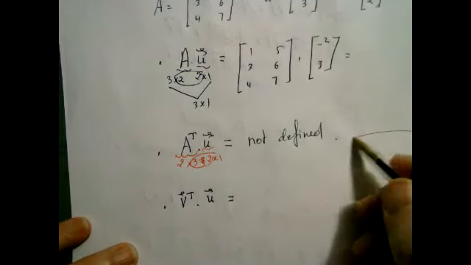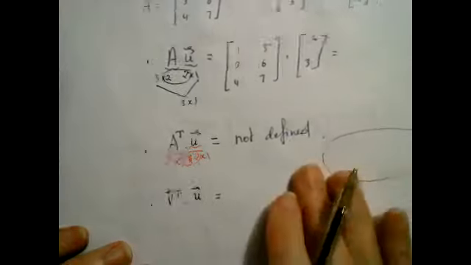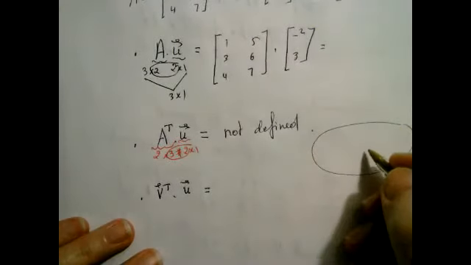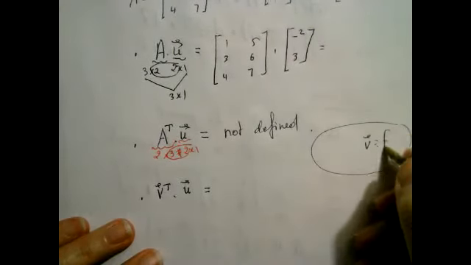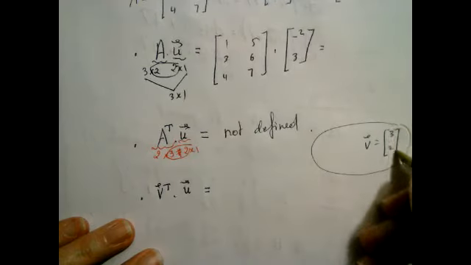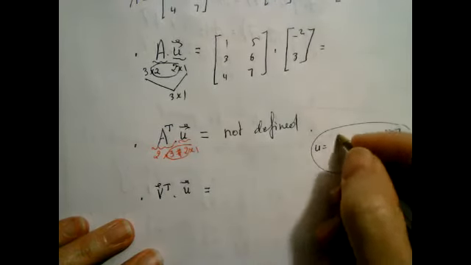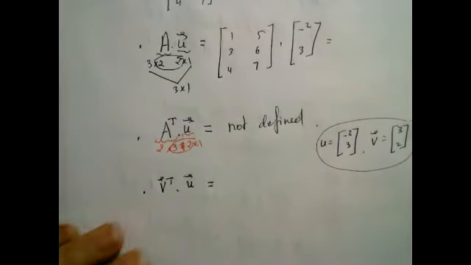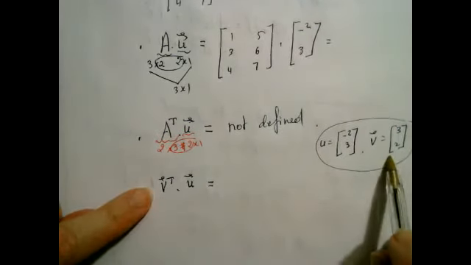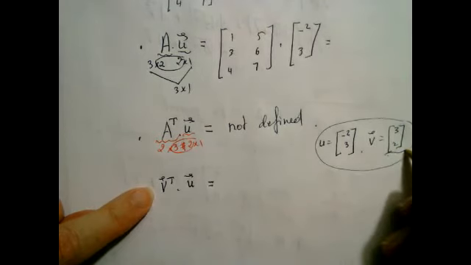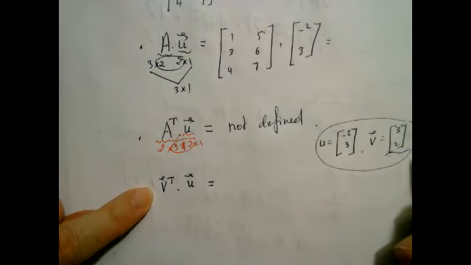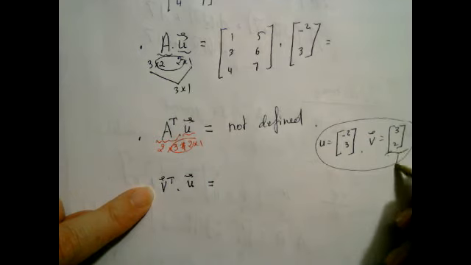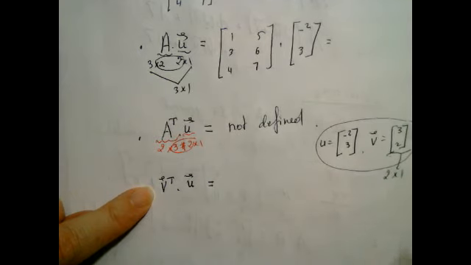My V was 3, 2, and my U was minus 2, 3. V is, for us, a matrix, a 2 by 1 matrix.